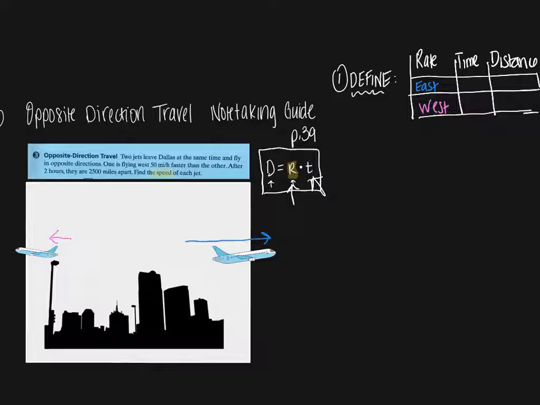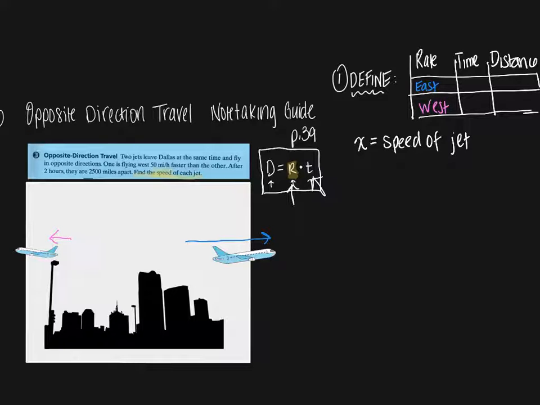Let's come back up here and see what we have. I want to find speed. If I want to find speed, I can either use R as my variable, or as your book likes to do, I can simply say x equals the speed of a jet. Now, which one am I going to be talking about? They're leaving at the same time. One is flying west 50 miles an hour faster than the other.